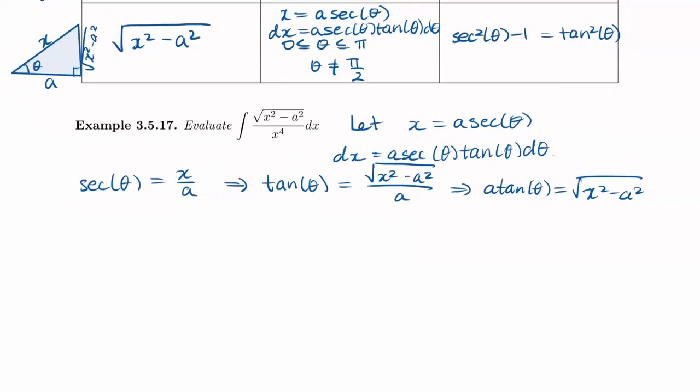All right, so let's go ahead and put that in. We have the integral of the square root of x squared minus a squared, divided by x to the fourth, dx.